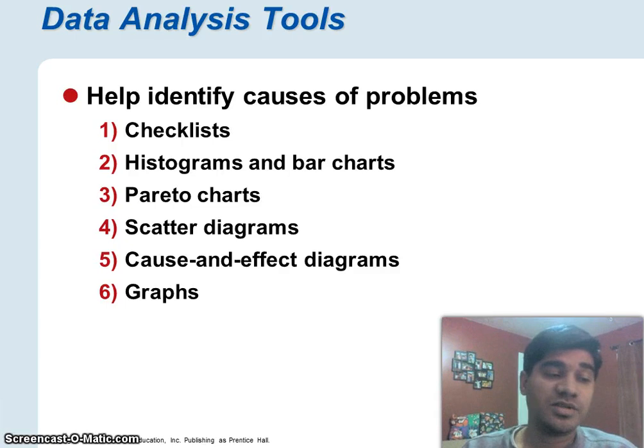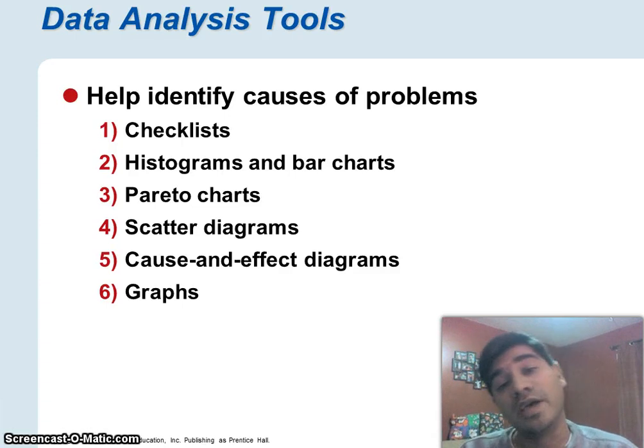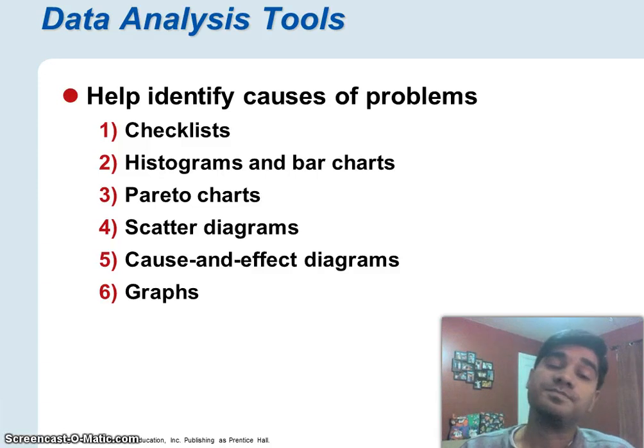Now, all of these are data collection tools. What they do is they take the data and then display the data in certain ways. And the whole point of collecting this data is to find areas which can be used to analyze the problems. For example, you have a person that is checking passengers to get on an airplane in an airport.